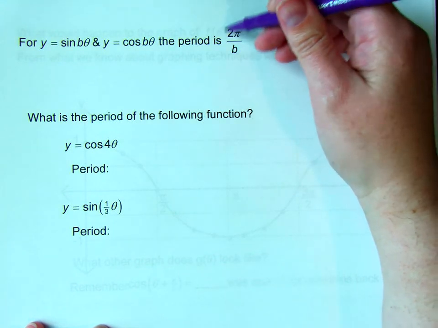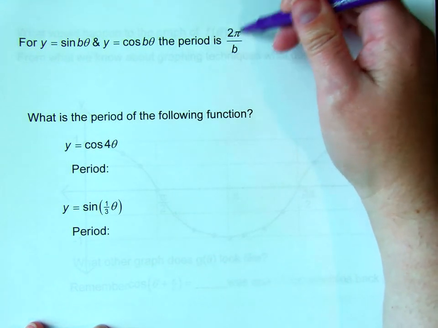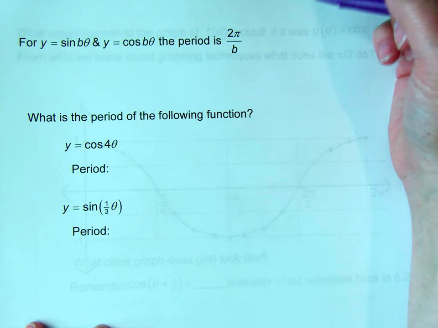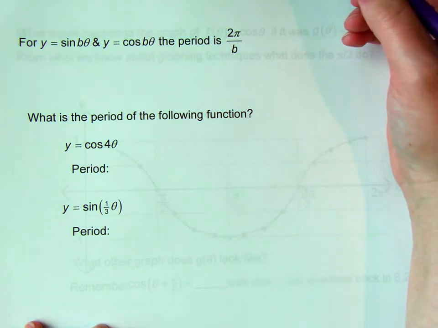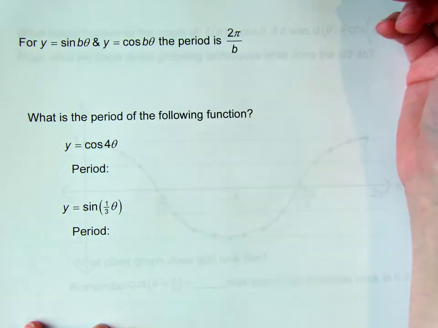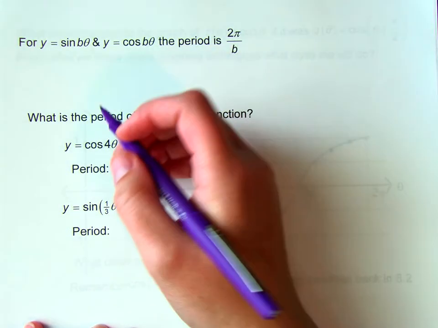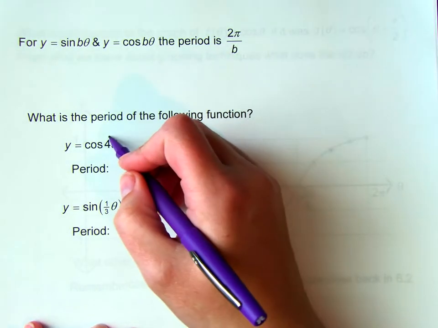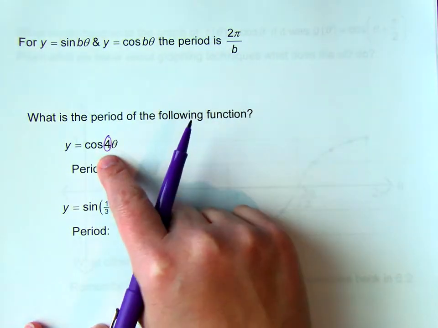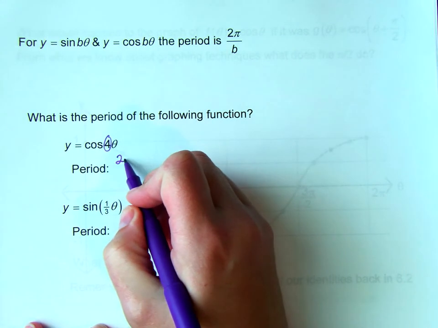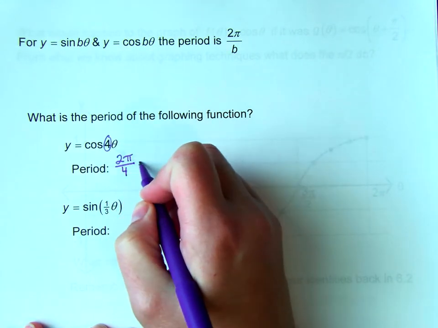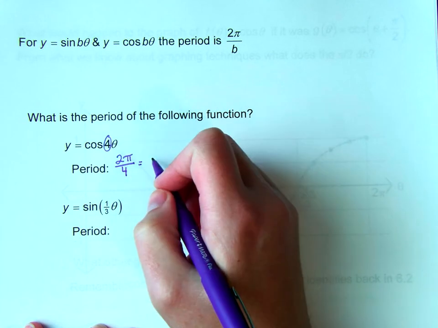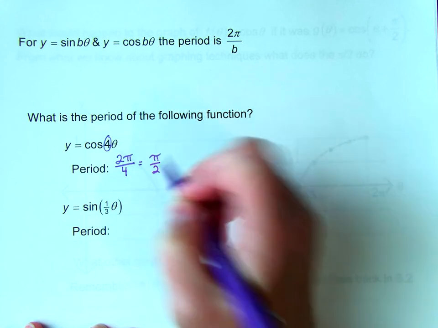So we're taking our original sine or cosine period and dividing by that coefficient up front. So what's the period of the following function? First, what's our b? In this case, our b is 4. So we take our old period, 2 pi, and divide it by 4. Reducing that, we get pi over 2.